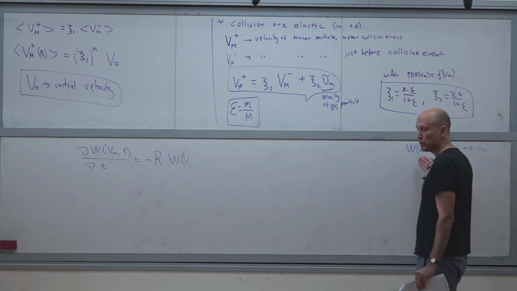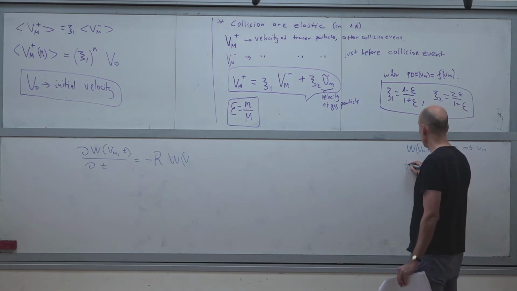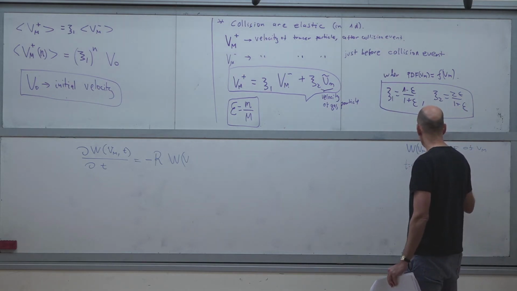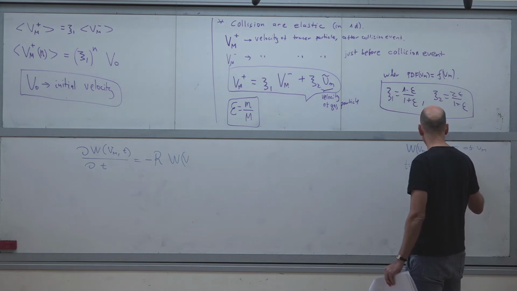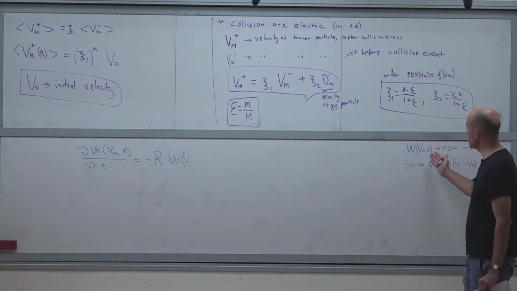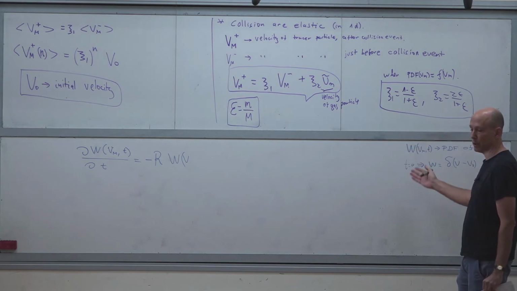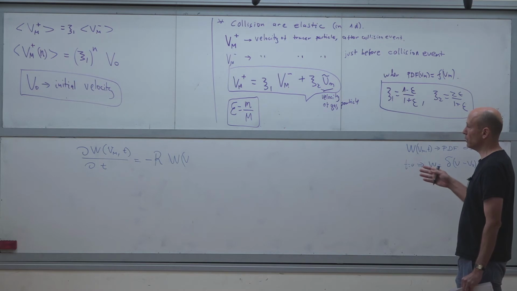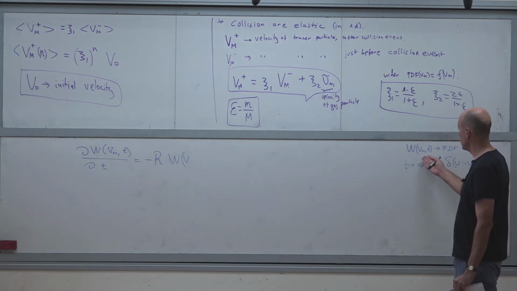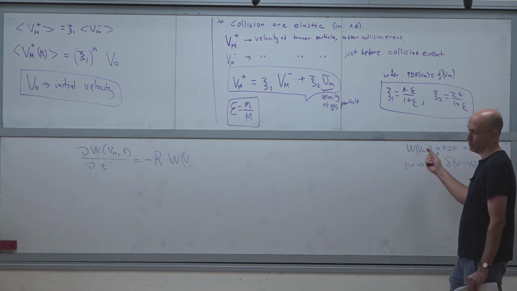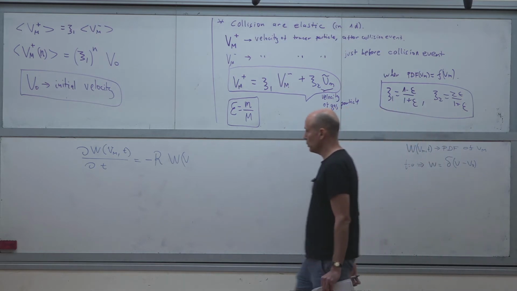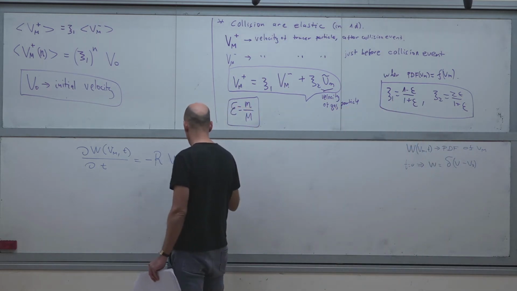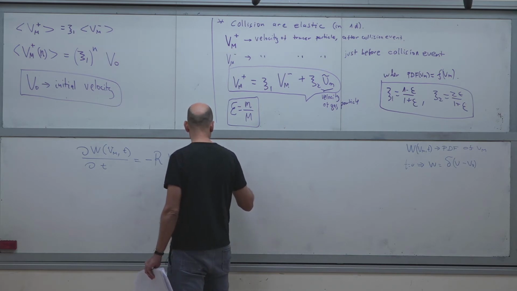It's a normalized function, and at time t equals 0, W is equal to a delta function over V_0. As I mentioned already, if the velocities of the gas particles are Maxwellian, we expect this distribution to go to a Maxwell distribution. So I'm just going to write down the equation, and then I'll discuss its meaning.